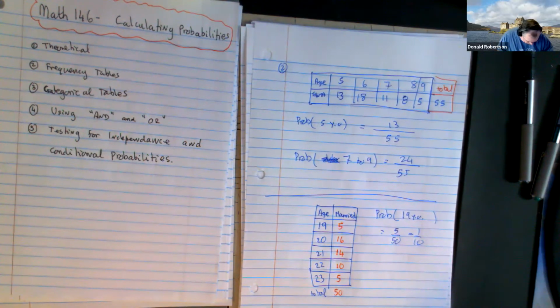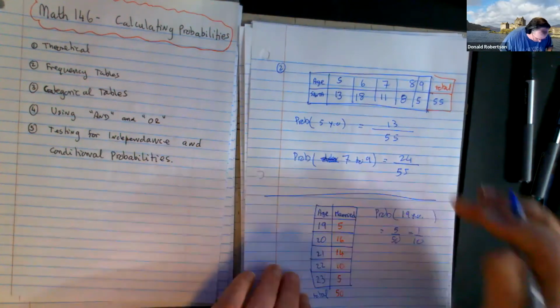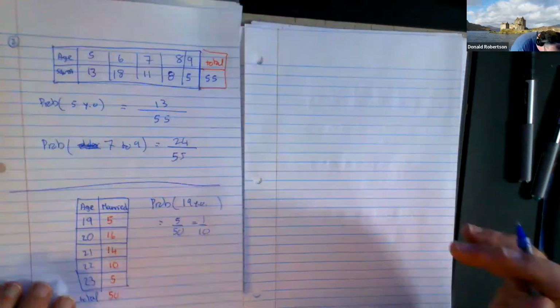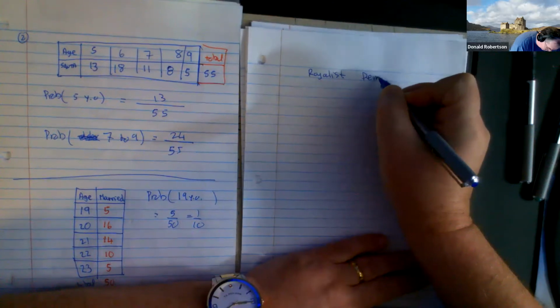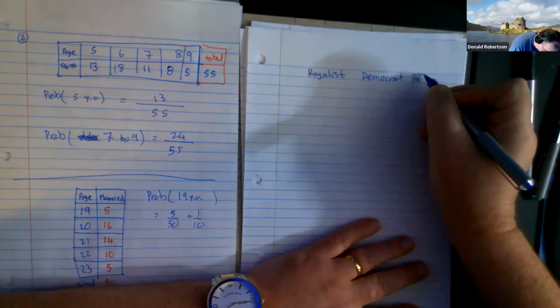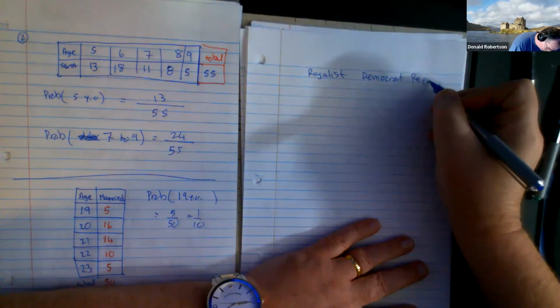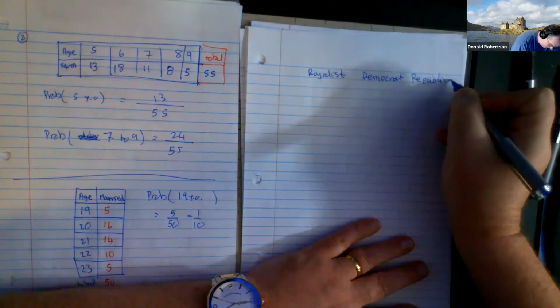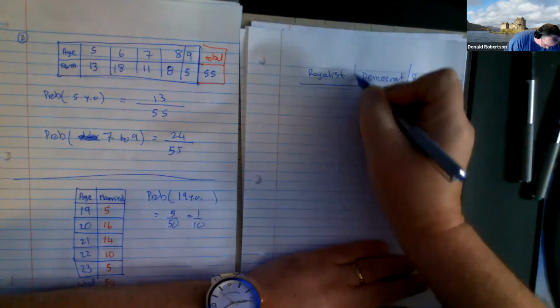Now, not all categories in these tables have numbers. You could have Royalist, Democrat, Republican. Very small choice.